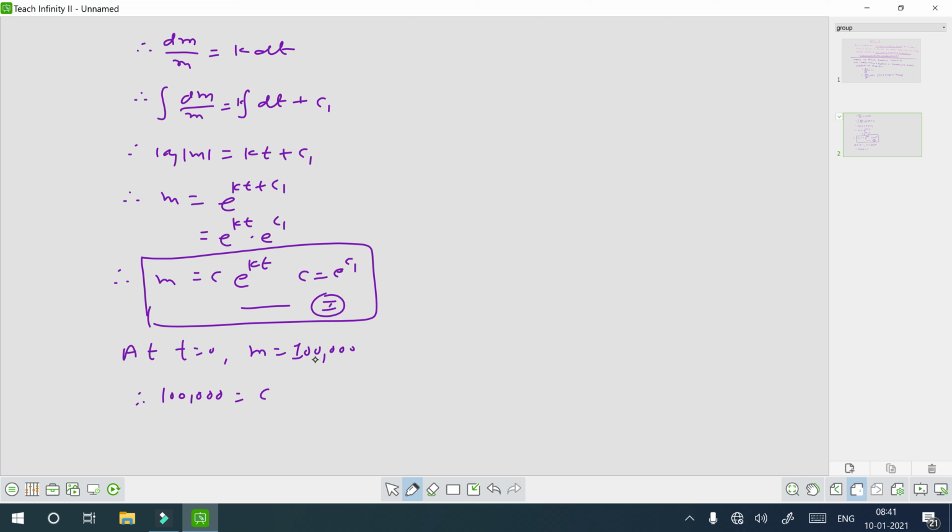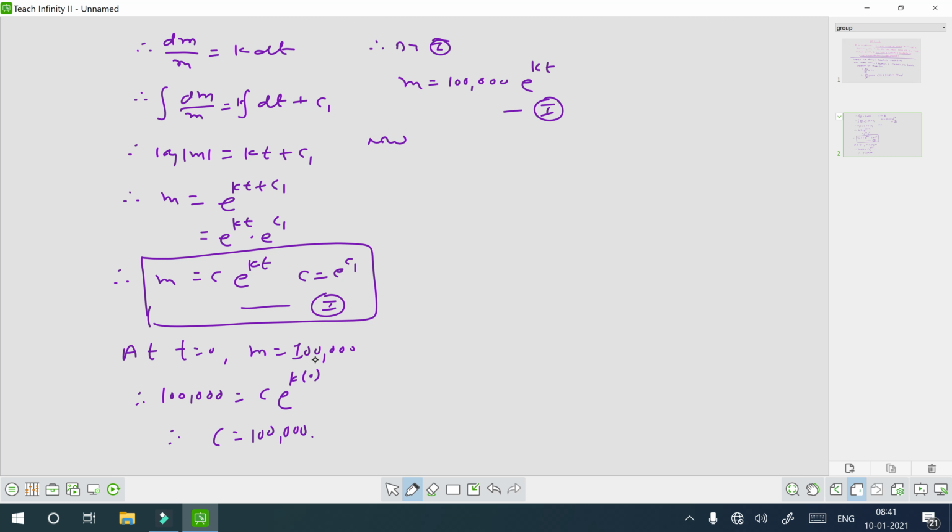So 1 lakh is equal to C into e raised to k into 0. So e raised to 0 is 1. So C comes out 1 lakh, and therefore by 1, what is given? n is equal to 1 lakh e raised to kt. Say equation number 2.